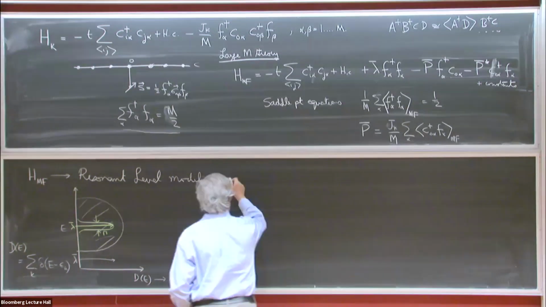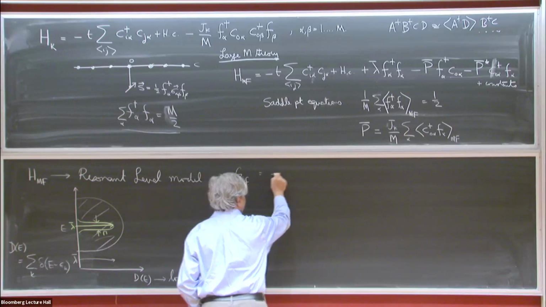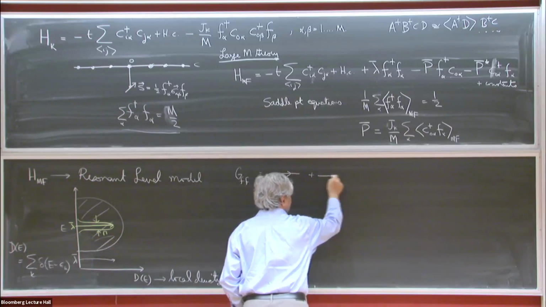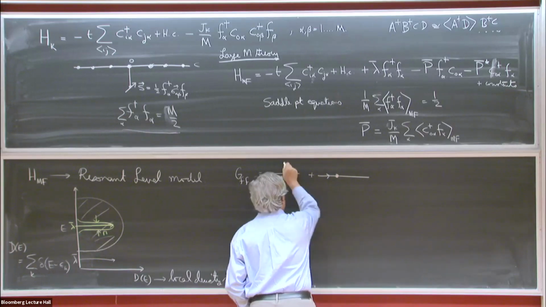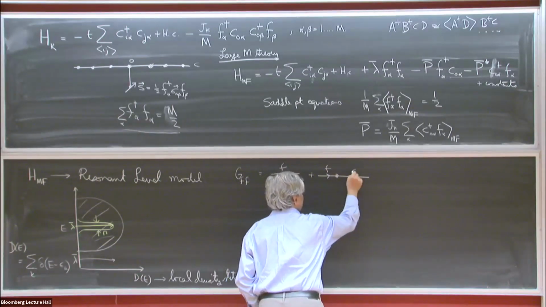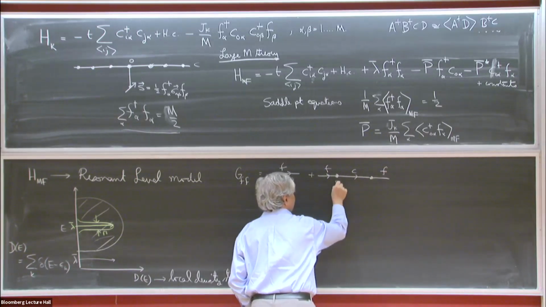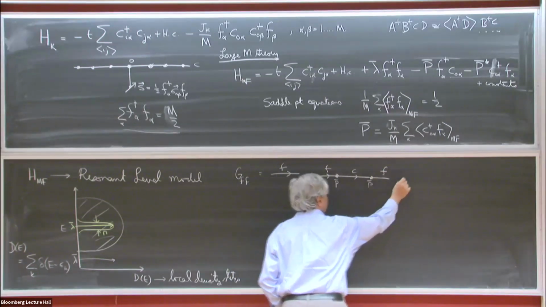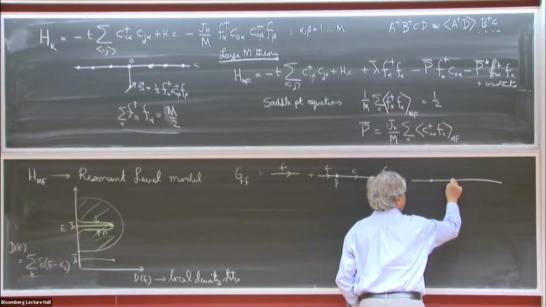So for example, if I want to compute the Green's function of the f spinons, that's the bare Green's function plus, so this is an f particle, then it goes to a c, which goes to an f, and this is just p bar, and so on. Very easy to work out.